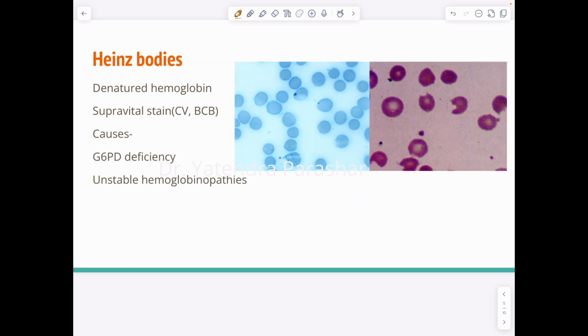Next is Heinz bodies. Heinz bodies are intracellular inclusions composed of denatured hemoglobin, and these are formed due to oxidative damage to the red blood cells.